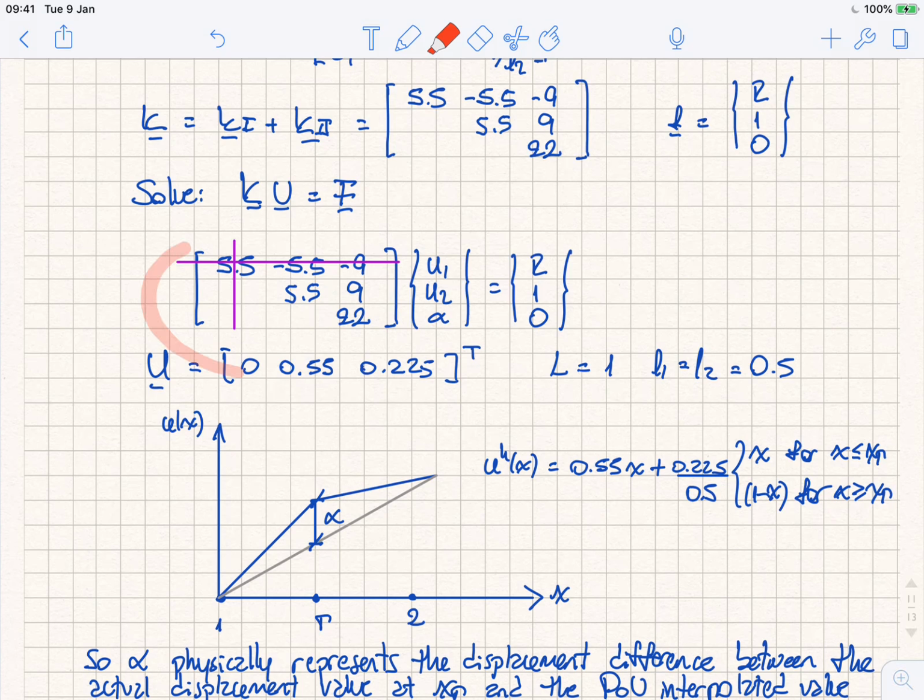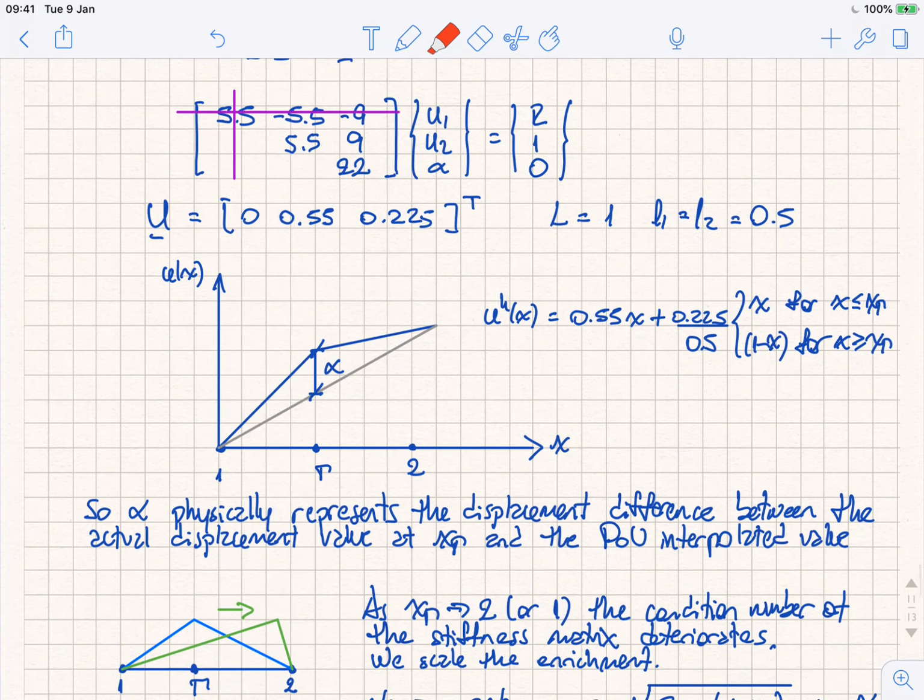So here you see we wrote the system of equations, and we also saw that enriched degree of freedom alpha basically represents what you need to add to the interpolation of the partition of unity to get to the actual displacement, right? So it has, in a way, a physical interpretation.